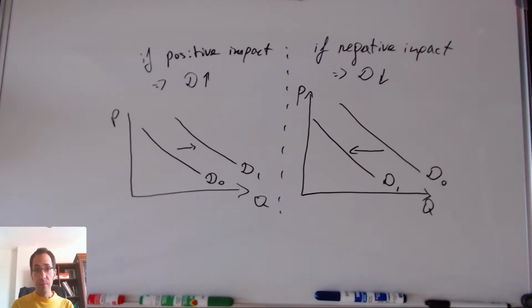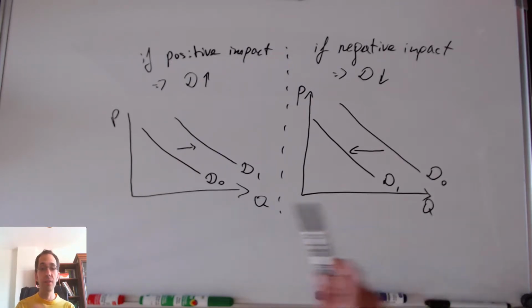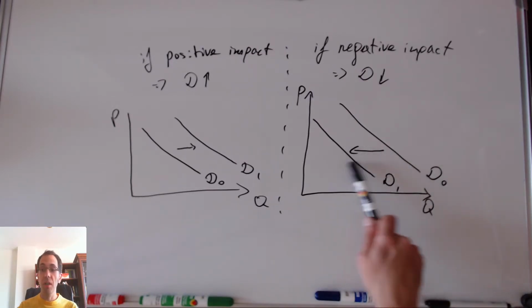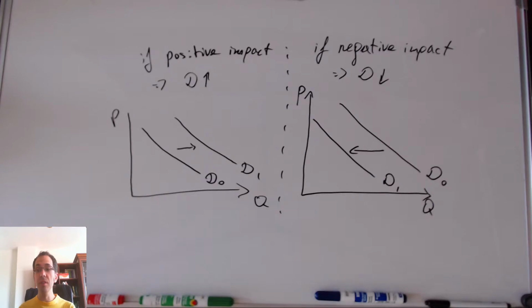So how do we analyze this? Well, preferences is very straightforward. When something becomes trendy or fashionable, then we are likely to see an increase in the demand. If something loses its trendiness and becomes less fashionable, we are likely to observe a decrease in the demand.